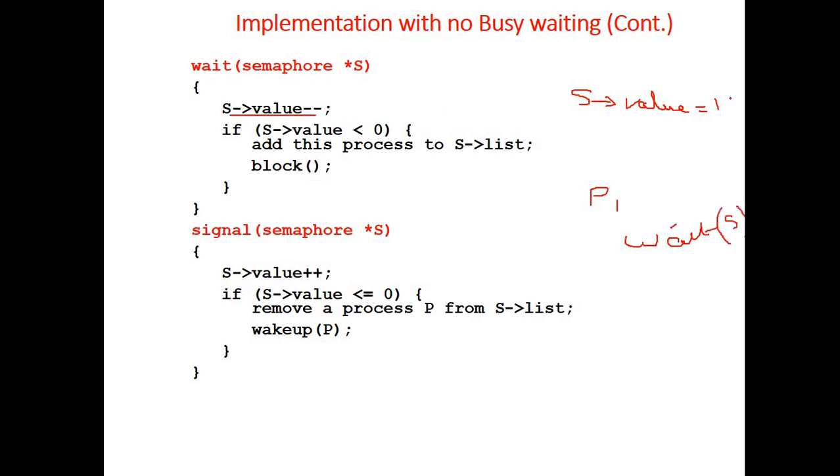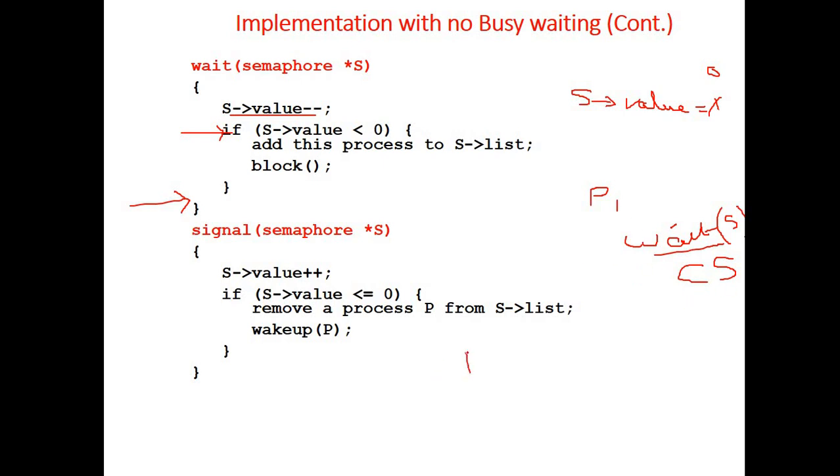The value of the semaphore variable is decremented, so 1 becomes 0. If the value of the semaphore variable is less than 0, that indicates that some other process is already in the critical section, so this process is to be added to the waiting list. But here the value is 0 after decrementation, so this condition fails. That means the wait is successful for process P1 because no process is in the critical section, so process P1 will enter into the critical section.